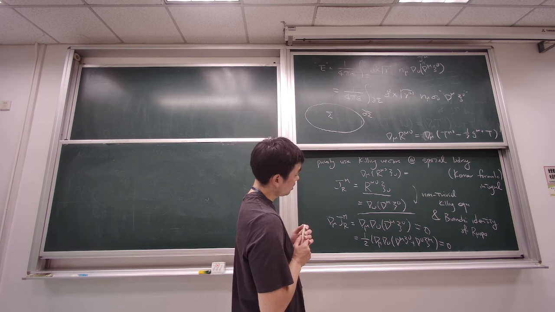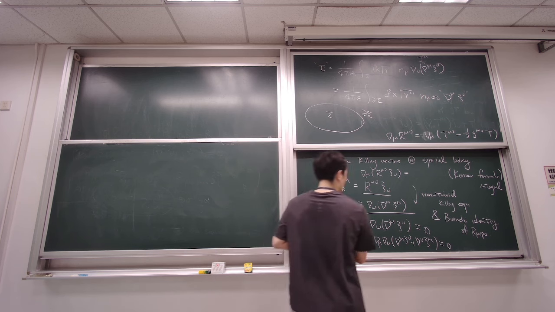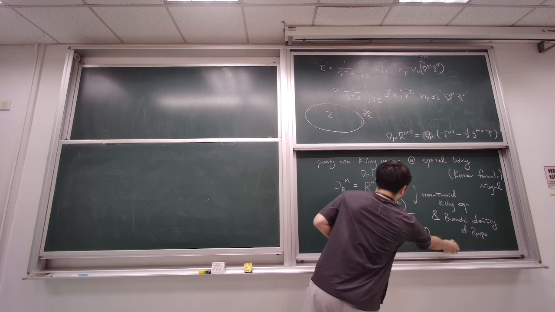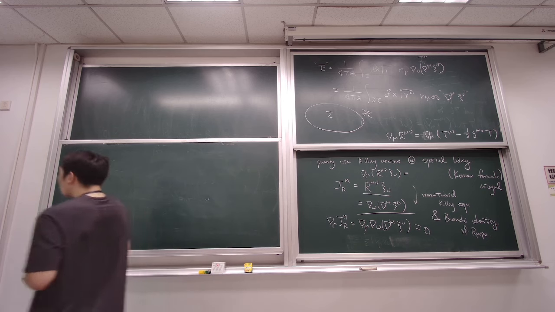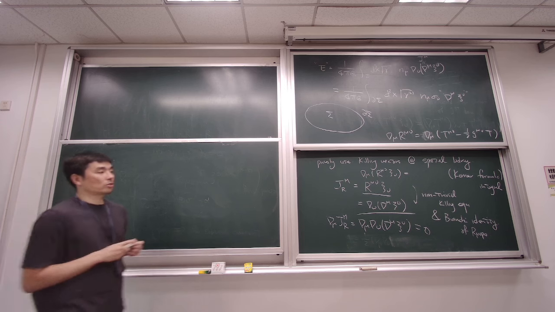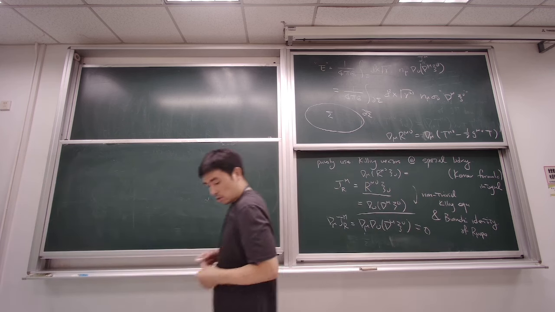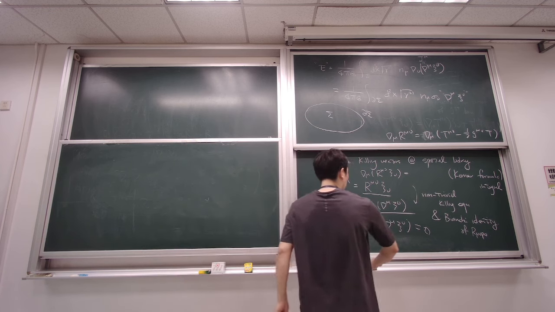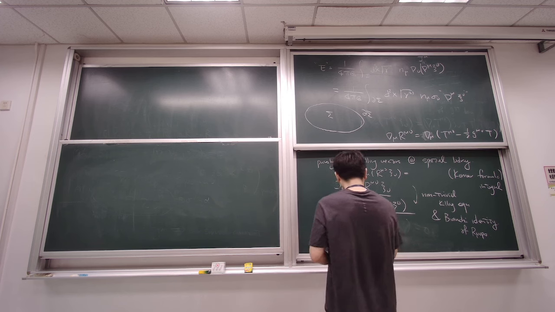Yeah, maybe this derivation is not right, but it should be 0. Anyway, if you use this one, this is equal to 0, so you can show it. Okay. Maybe my explanation is not correct. But anyway, this is equal to 0.